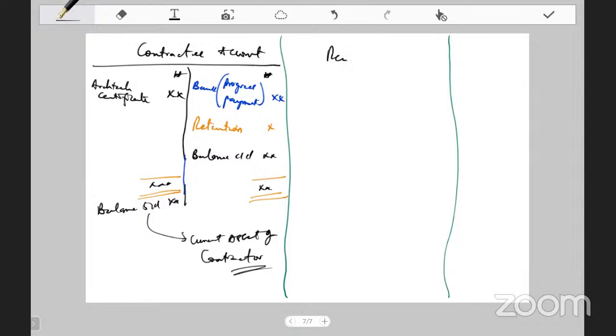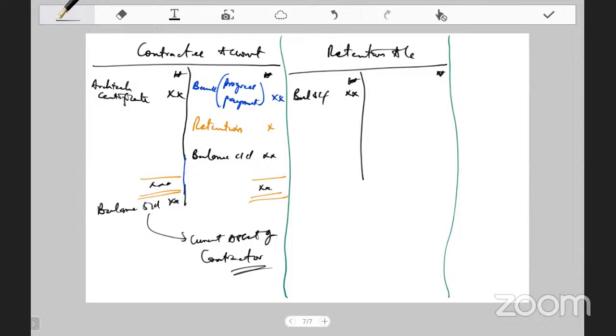Then our retention account can also be prepared. On our retention account, we can have the balance recorded.